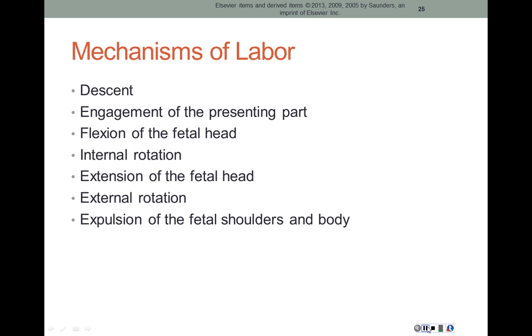External rotation, once the head passes through, then the baby has to rotate slightly in order to allow the shoulders to be in the correct position so that they can pass through the symphysis pubis. And then expulsion of the fetal shoulders and body, and this is just when the shoulders are born, and then usually once the shoulders are born, baby comes right out.